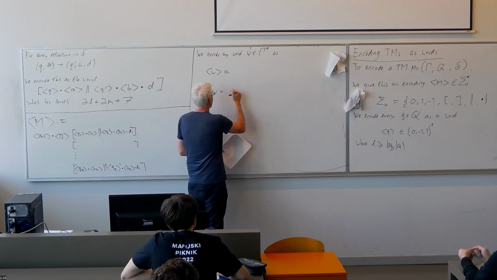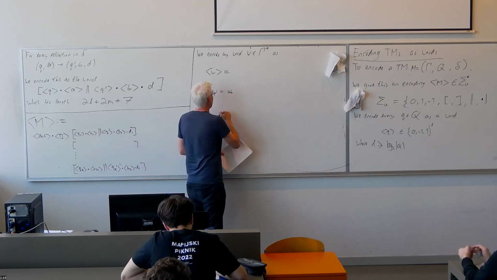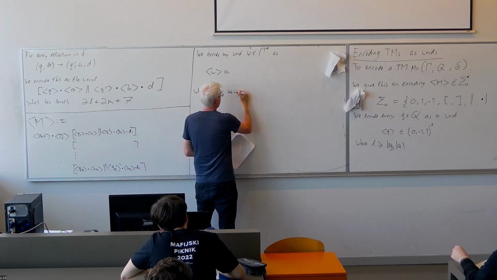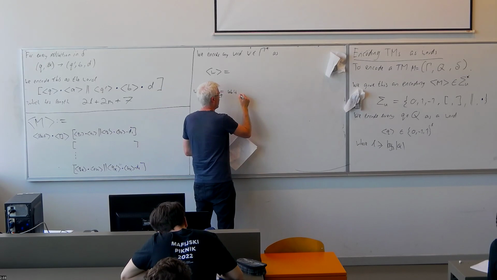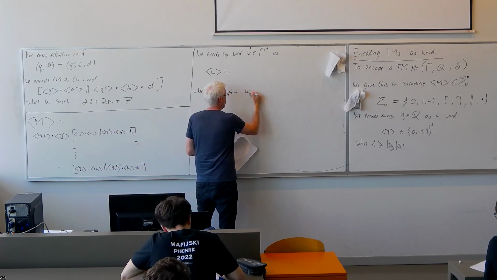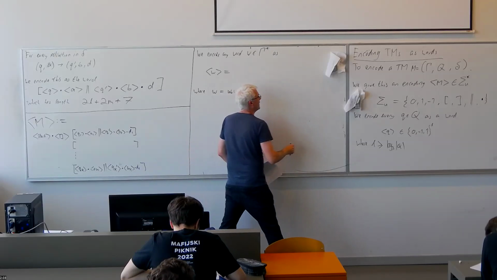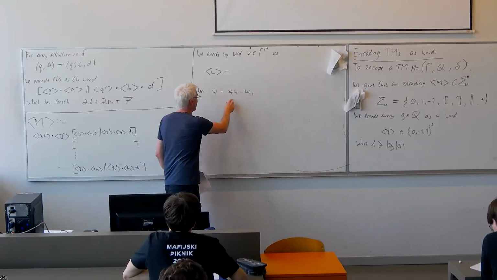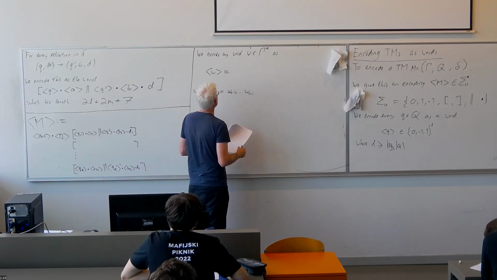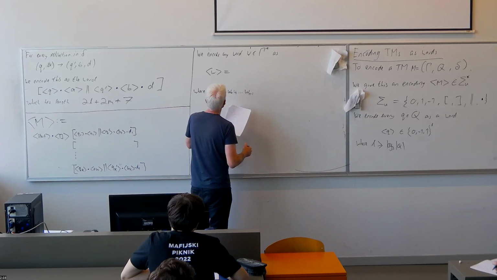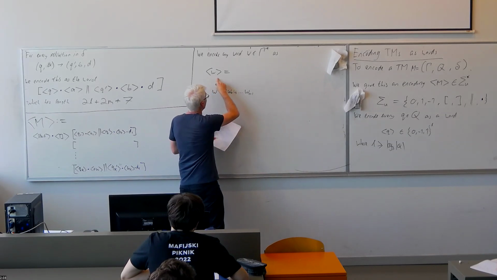But anyway, this is a word of length n. So a word of length n we're going to write as W0. That's the first character, followed by W1, that's the second character, all the way up to W_{n-1}. The annoying thing is you always have to write an n-1 in here. Anyway, very occasionally it pays off to have a 0. Not often enough. But nonetheless, the notes are written like that, and I don't want to rewrite them. In any case, to encode a word, well, what do we do?